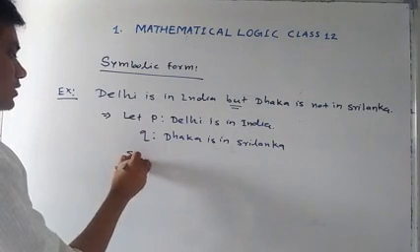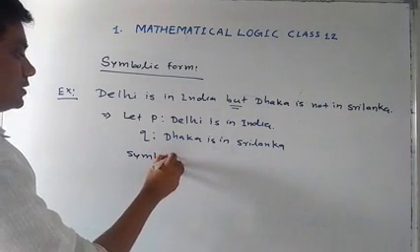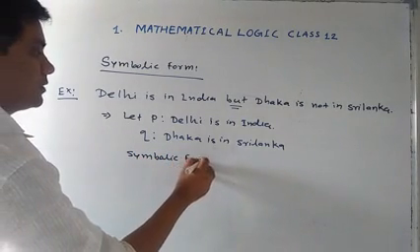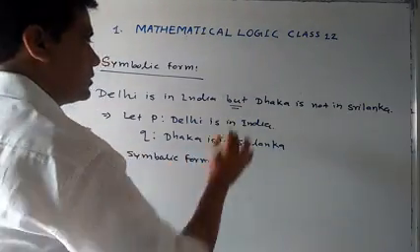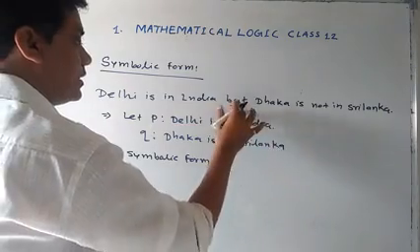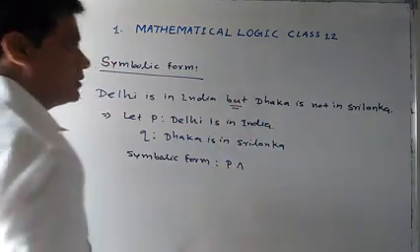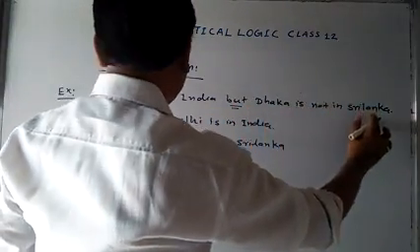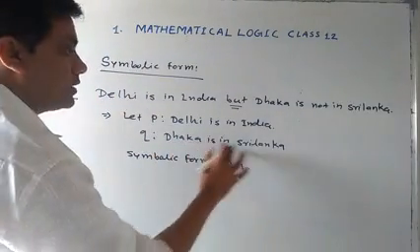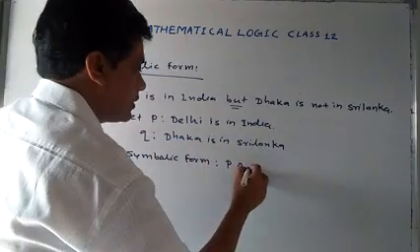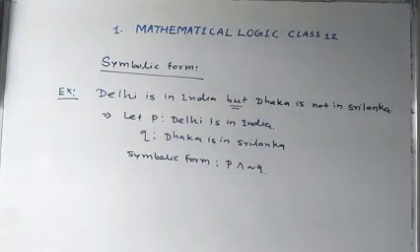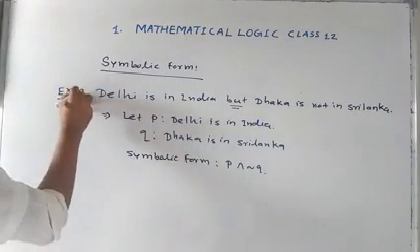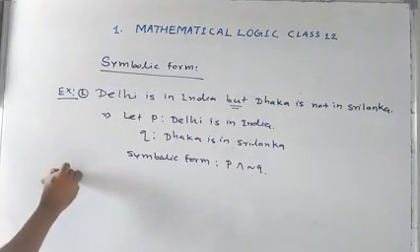Therefore, in symbolic form we write P and negation Q. This is our first example.